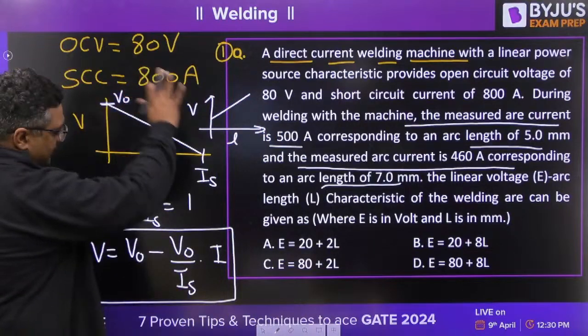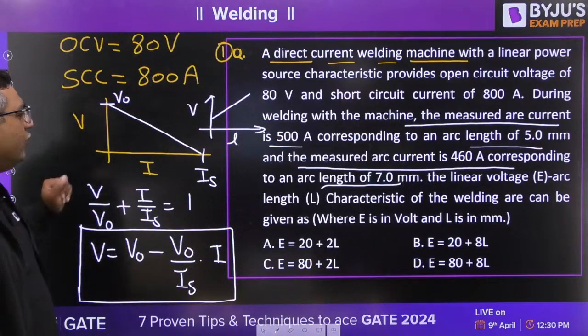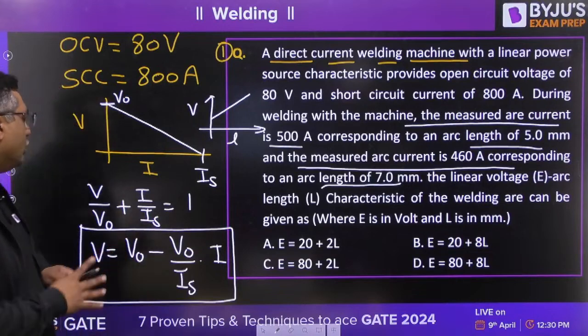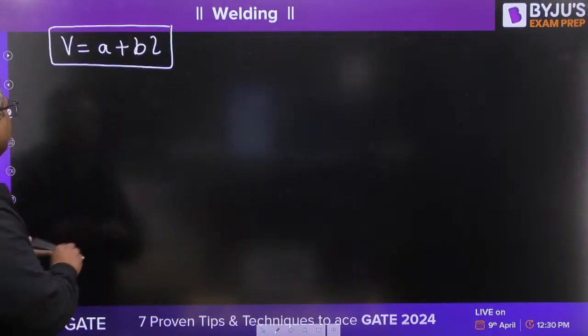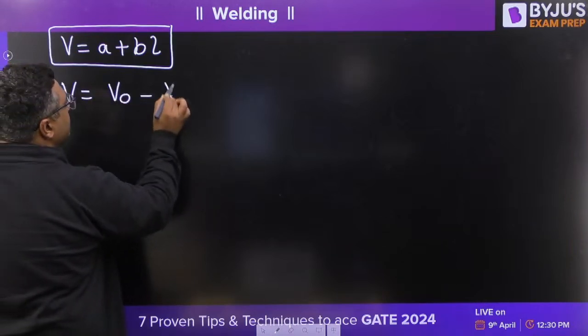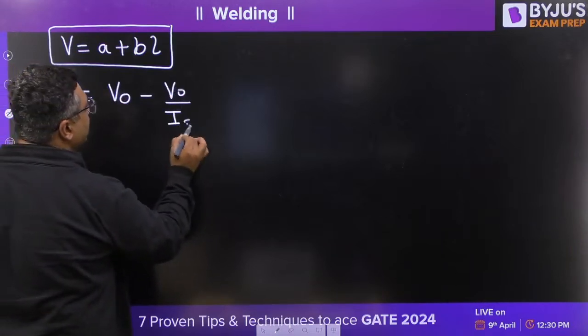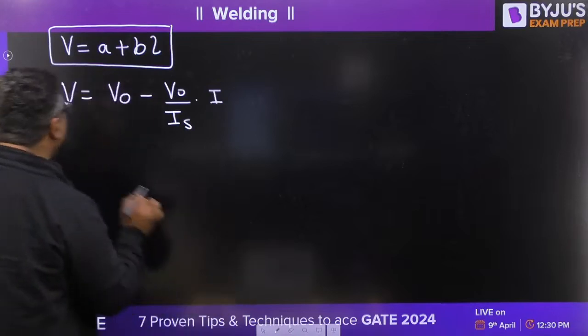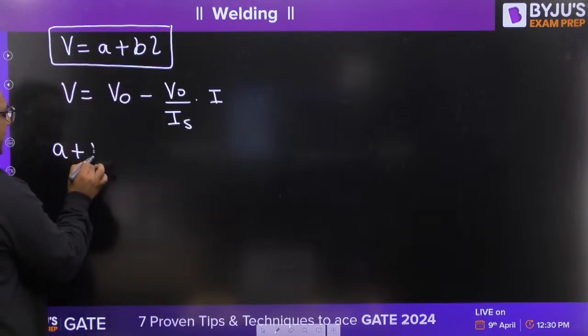We have already seen that the equation says V is V naught minus V naught by IS into I. So my dear, V can be written as A plus BL.